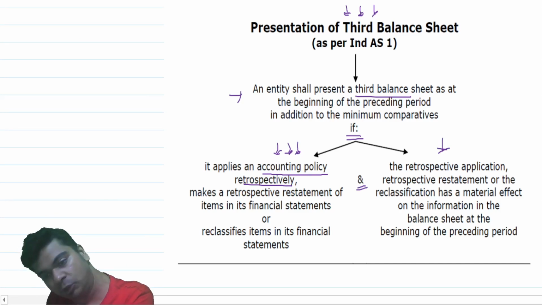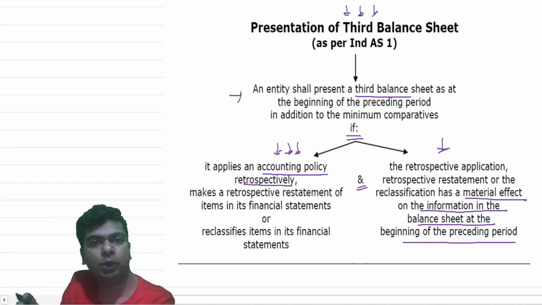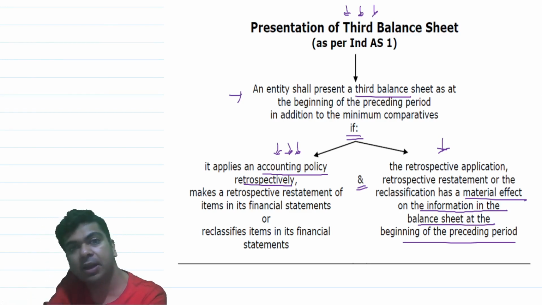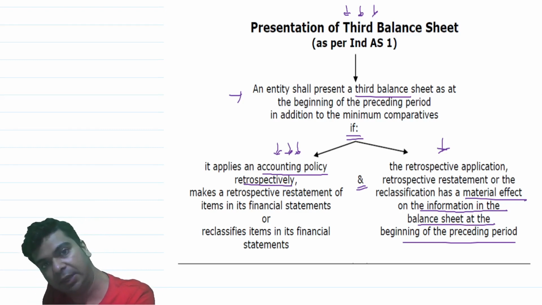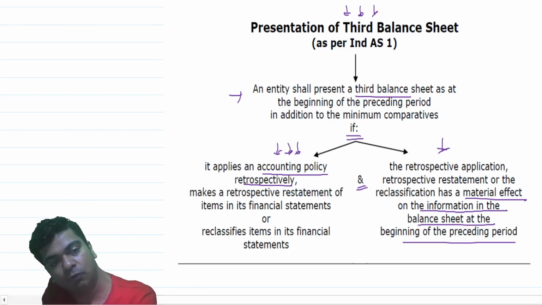The retrospective application, retrospective restatement, or the reclassification has a material effect on the information in the balance sheet at the beginning of the preceding period. You are providing comparative information, but the period before the comparative is also getting materially affected. If it is getting materially affected, you must prepare a third balance sheet. And that is what will happen over here.